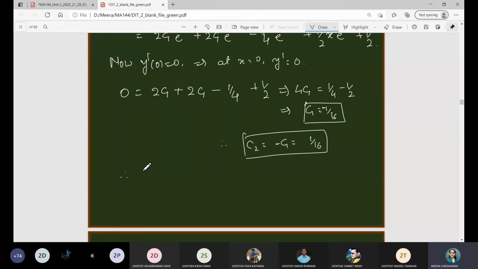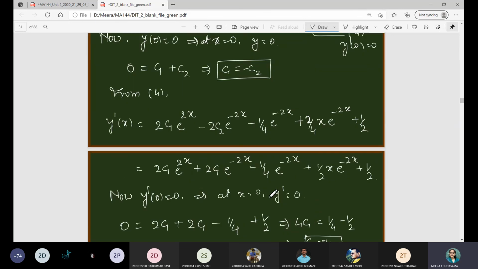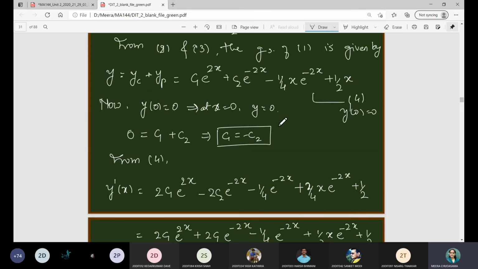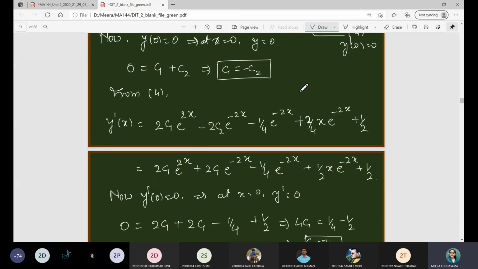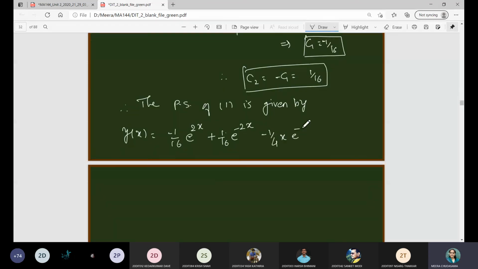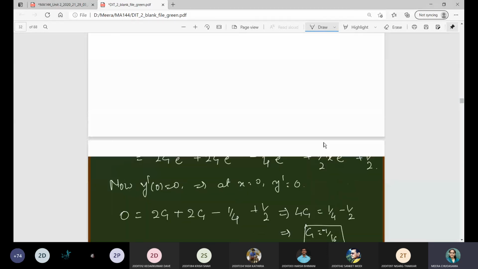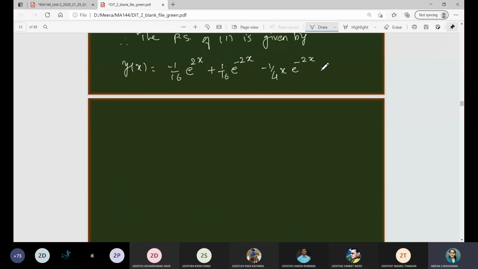Yes, so therefore, the particular solution of 1 is given by y of x is equal to c1 e raised to 2x, so minus 1 upon 16 e raised to 2x plus c2 e raised to minus 2x, and after that the quantity we are getting, this one, minus 1 by 4x minus 1 upon 4x e raised to minus 2x, and then it is 1 by 2x with the positive sign.